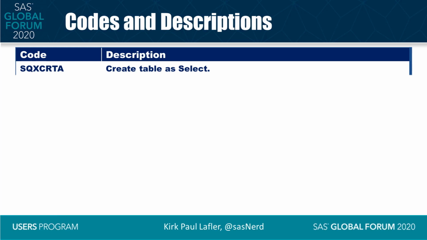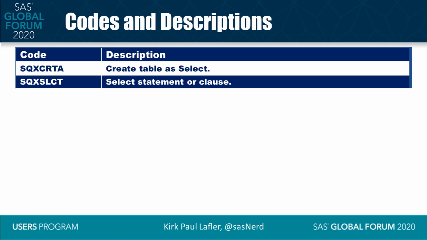Now the _METHOD option is going to display one or more codes on the log. It will not display the descriptions that I am showing here, but it will display one or more of the codes. For example, SQXCRTA for creating a table as a select, SQXSLCT when a select statement or clause has been specified, or it might display SQXJSL when a step loop join or Cartesian type of product was specified or selected by the optimizer.